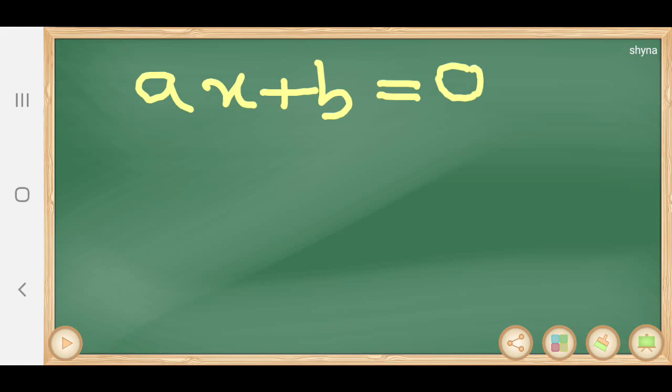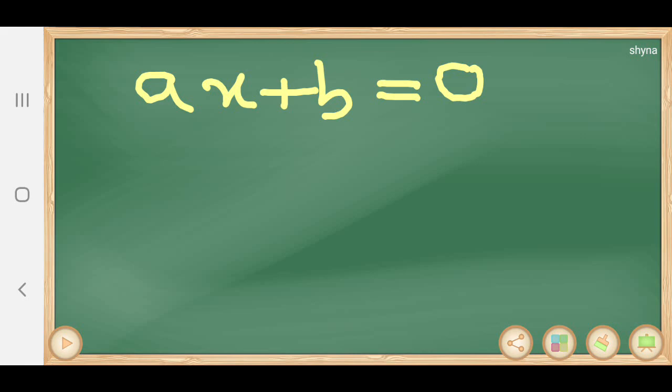For a linear polynomial, there is one and only one zero. How can we find the zero of this polynomial? Zero means we have to find a value such that when we substitute it for x, the total answer will be 0. Such values are known as zeros.